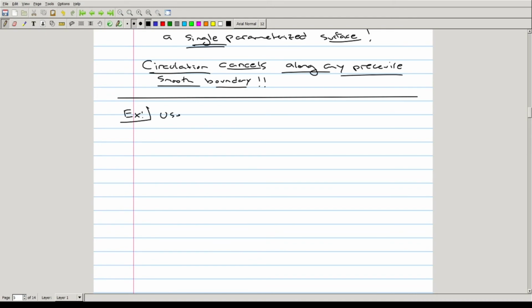Let's use the generalized Stokes theorem to find the relationship between the circulation around some curve C, where C will be the circle, and say the circle looks like this, and a cylindrical shape like a can.